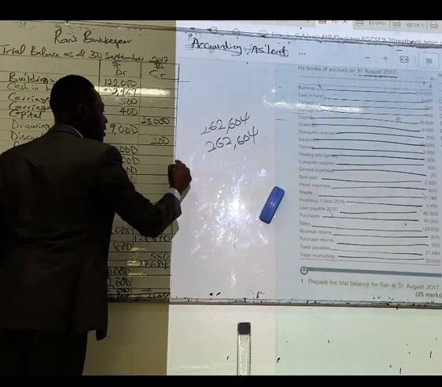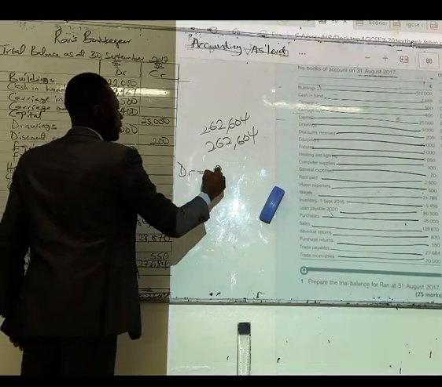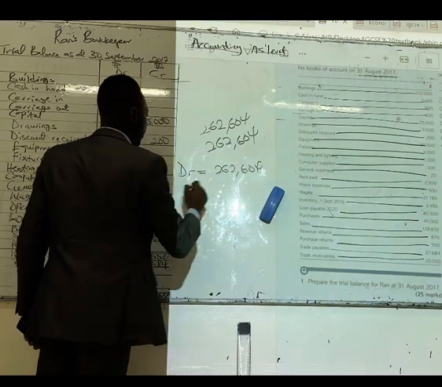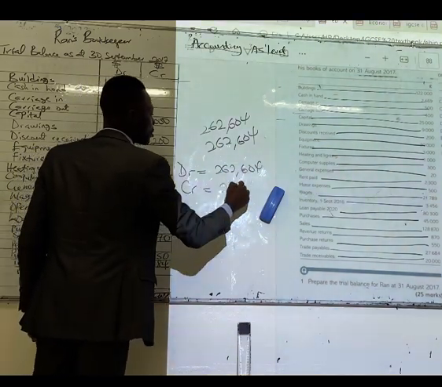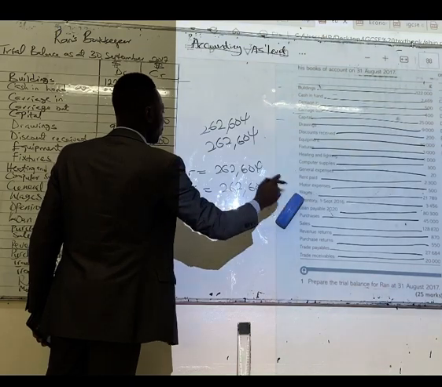So the debit side of our trial balance is 262,604. The credit side of our trial balance is also 262,604. So our trial balance is balanced.